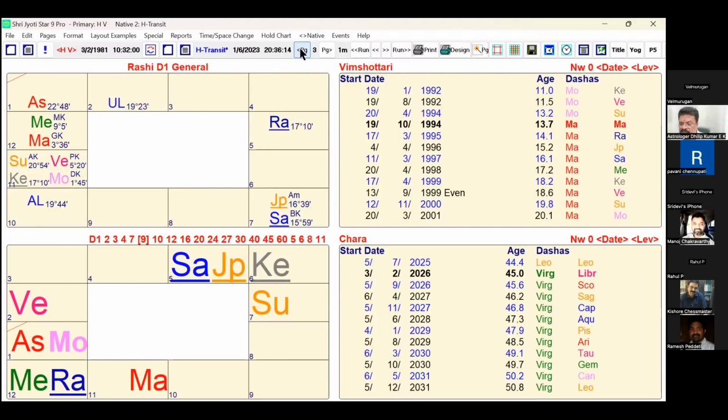Now, some student started talking about health, right? That was when I started talking about Venus, 3rd Lord, 8th Lord, and so on. So in the static potential, we already saw something can go wrong with health. And we also saw something can go wrong with 5th house matters.